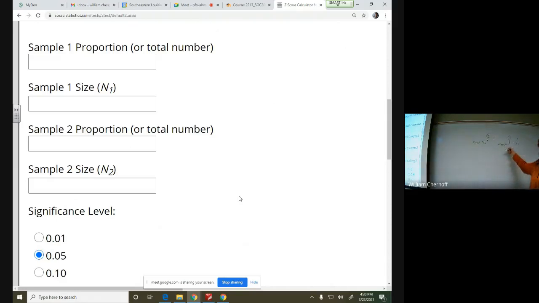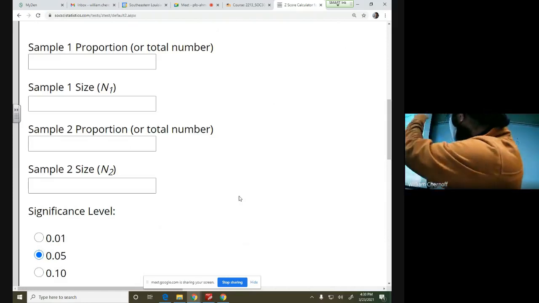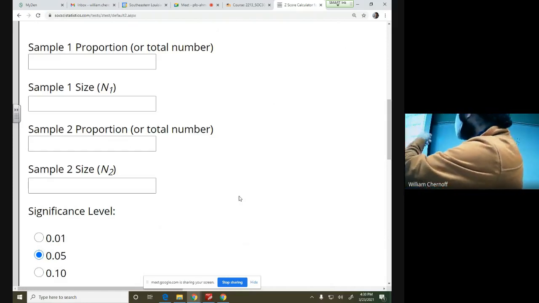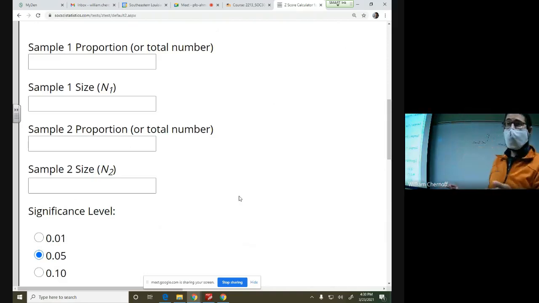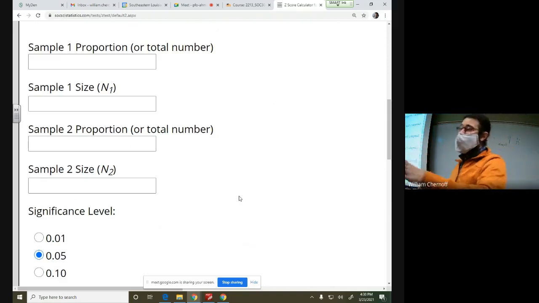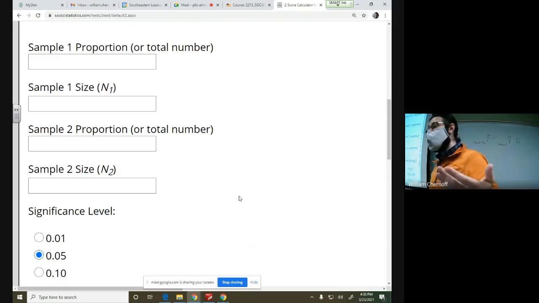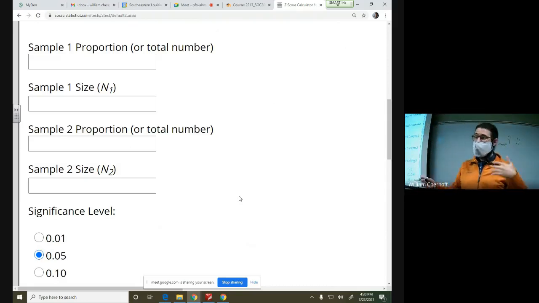So females are going to be your population one. And all that goes into what's said here at the beginning, which is sample one proportion, and then also your sample one size. So you're going to use SPSS a little bit with this website. It's going to give you some results that you can use, but it's not going to get you all the way there. You have to get those numbers from SPSS and then plug them into the website.